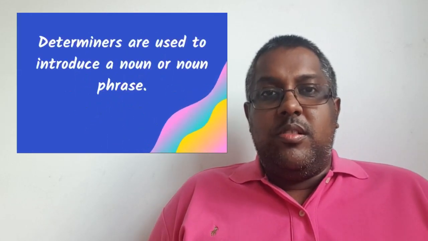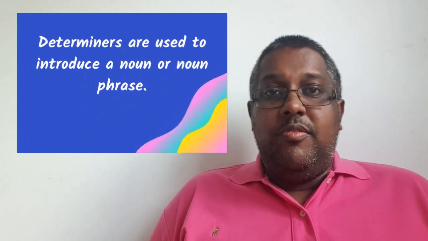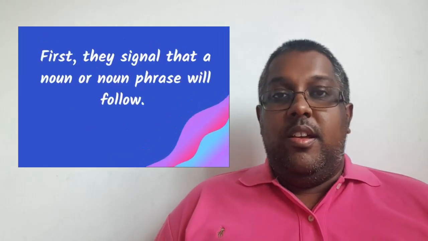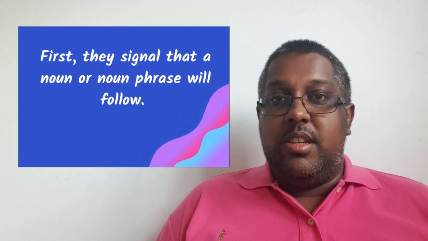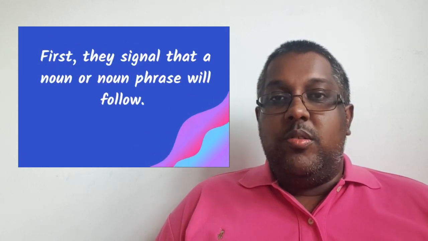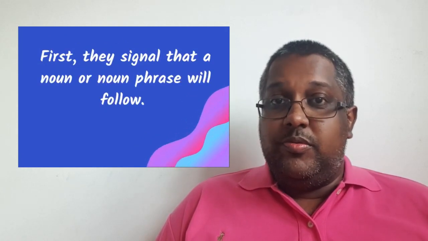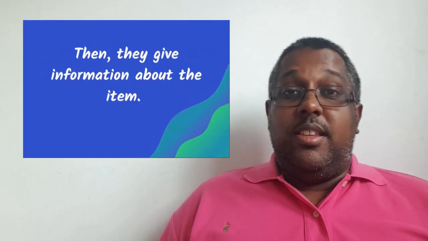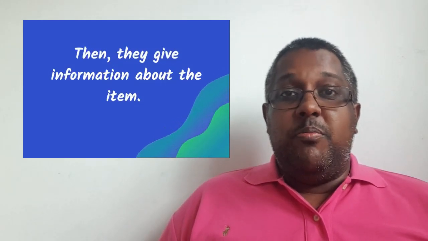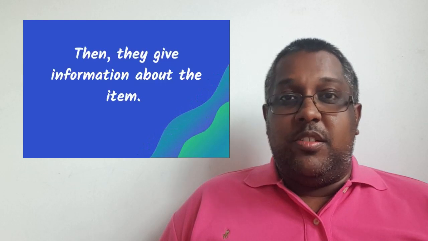Determiners. Determiners are used to introduce a noun or noun phrase. First, they will signal whether a noun or noun phrase will follow. Then, they give information about the item.